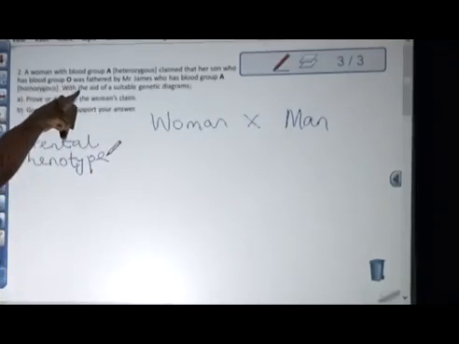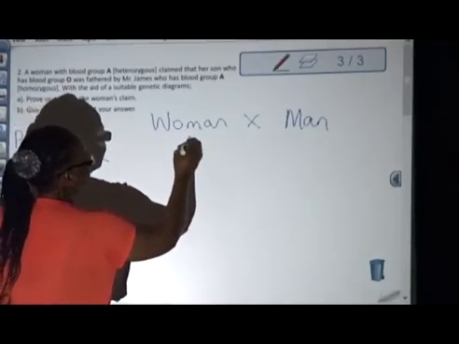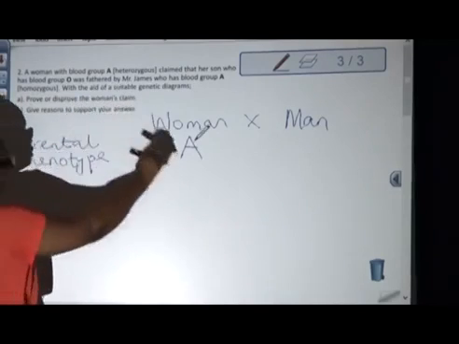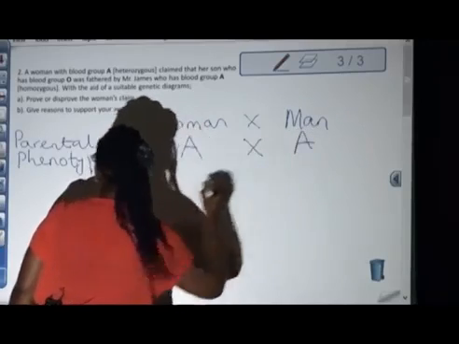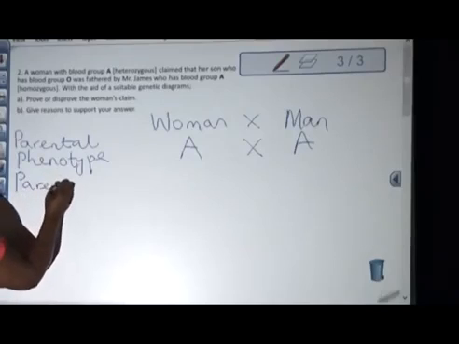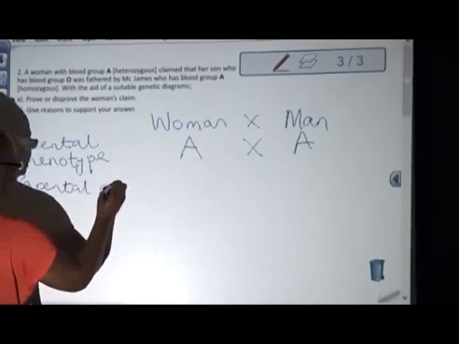The woman is said to be blood group A. The man, Mr. James, is also blood group A. The next step, parental genotype.